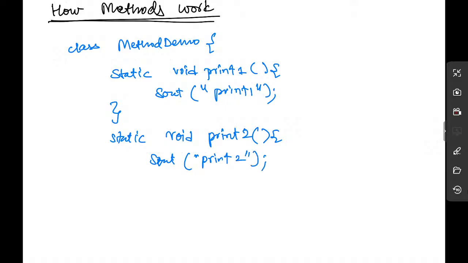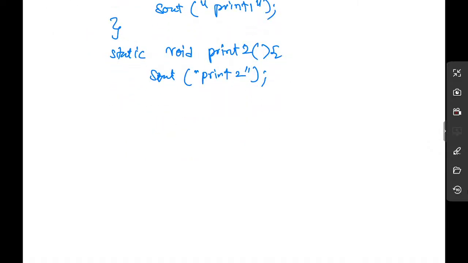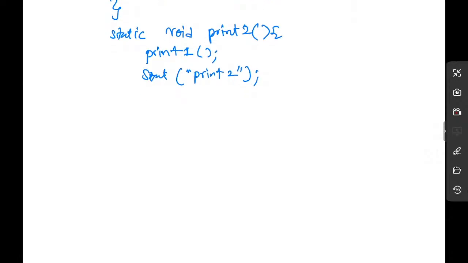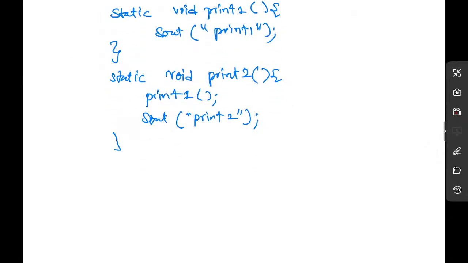In print2, before even printing 2, what will I do? I am going to call print1, and then print "print2".